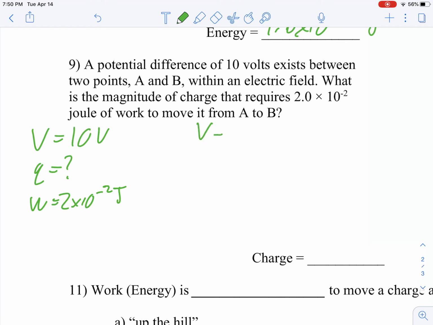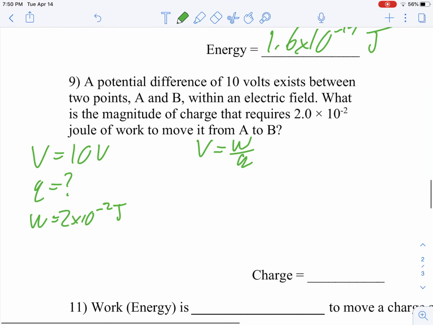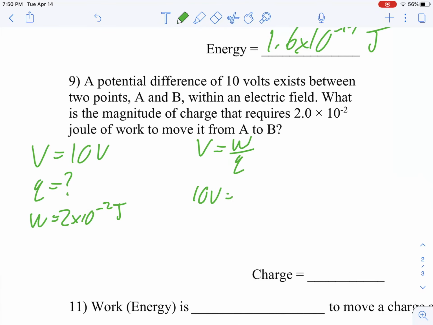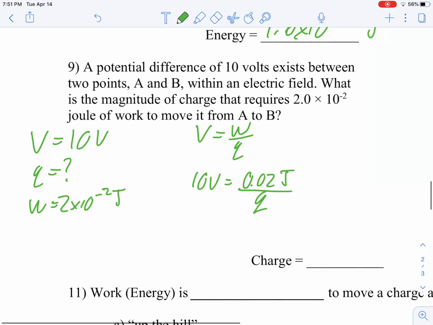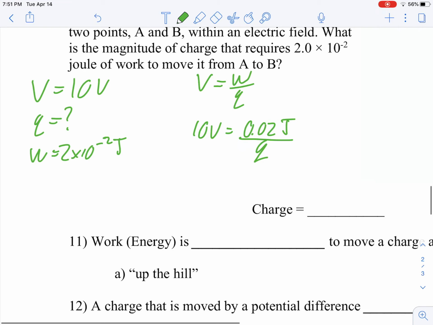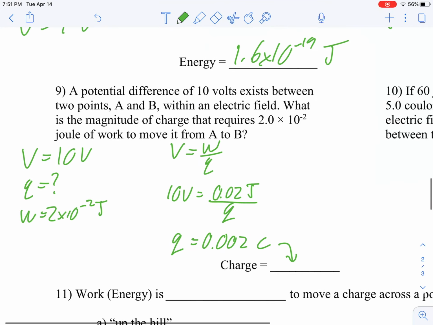V equals W over Q. Let me just fix that Q. All right, V is 10 volts. W is 2 times 10 to the negative 2, which is 0.02, I believe, joules over Q. All right, so then we have Q equals 0.002 coulombs. Just make sure that's right. I think that's right.